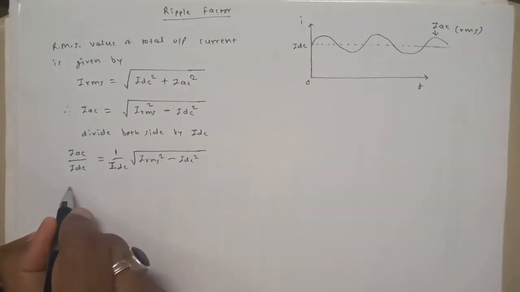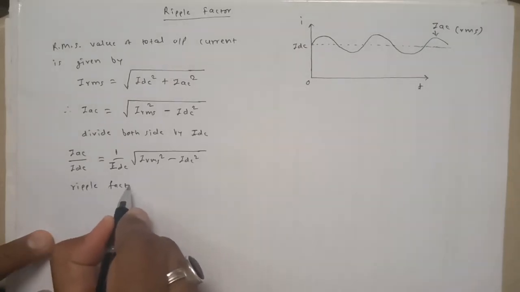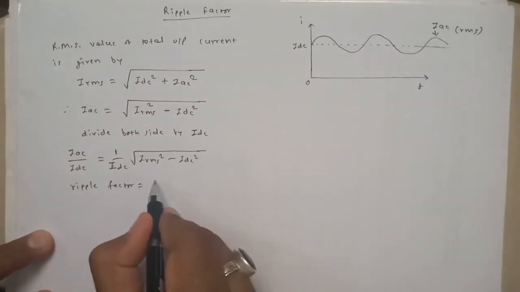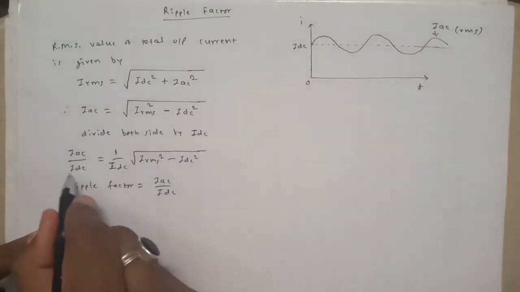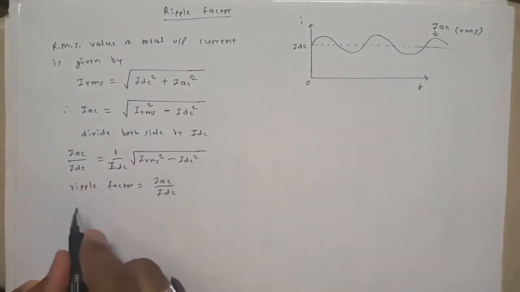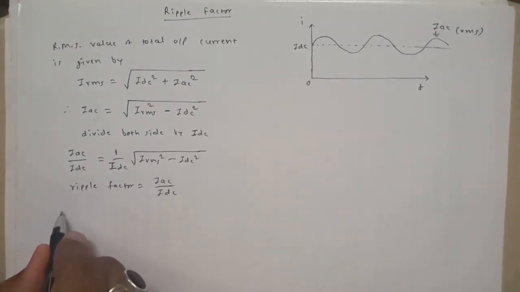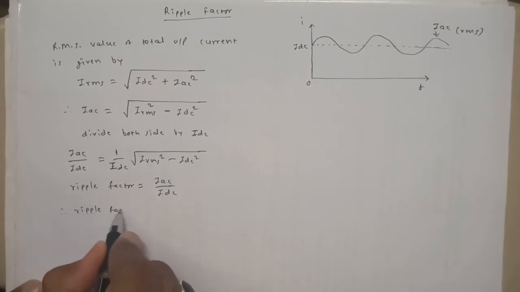So we know ripple factor is given as IAC divided by IDC. So this is nothing but the ripple factor.